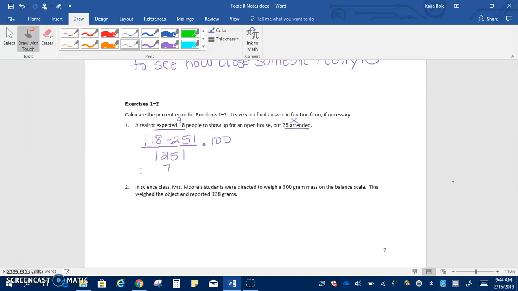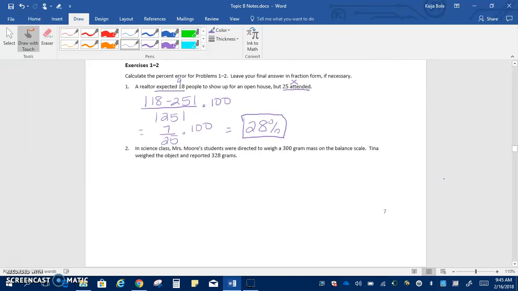So we end up with 7/25 times 100, which gives you 28%. So their percent error is a little higher, so that means that their expected value was not as accurate as their actual.